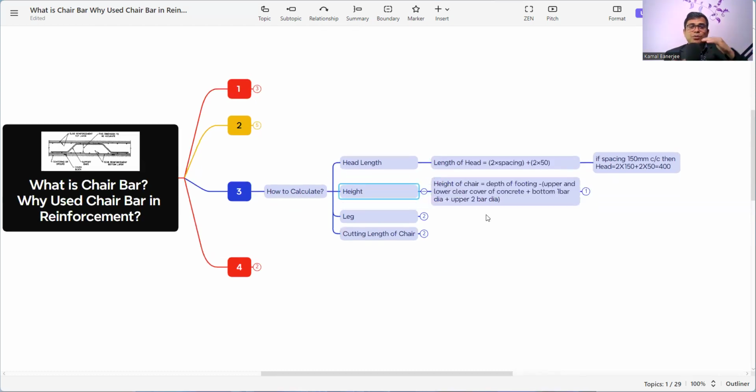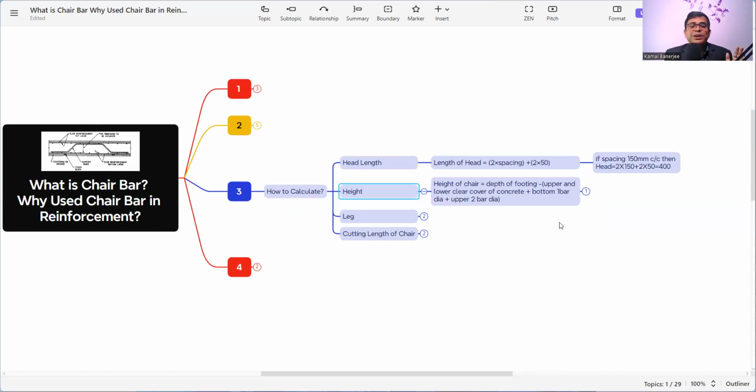Now the height. What will be the height that we want to check? Height of the chair is depth of footing minus upper and lower clear cover of concrete, plus bottom 1 bar dia plus upper 2 bar dia. Now we can understand: the depth of the foundation minus the top cover minus the bottom cover. Then it says bottom 1 bar dia. Why?